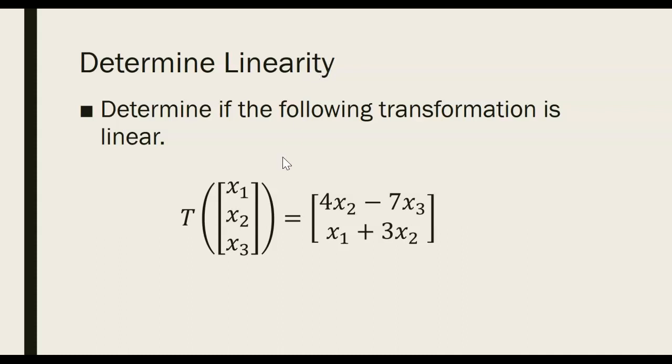It's still taking a 3-entry vector and spitting out a 2-entry vector, but our 2 entries are linear combinations of the entries of the vector I plug in. All right. Push pause on the video and see if both of those properties can hold for an arbitrary u and arbitrary v, an arbitrary constant.